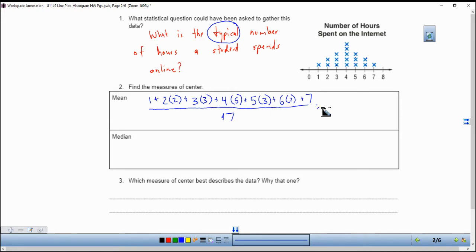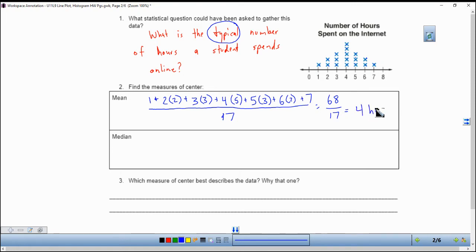So we got 1 plus 2 times 2 plus 3 times 3 plus 4 times 5 plus 5 times 3 plus 6 times 2 plus 7. So we get 68. Now I have a feeling that the mean's going to, remember, the mean's supposed to measure the center of the data. It looks like 4 is the center of the data. Let's see if that's right. 68 divided by 17 is 4.